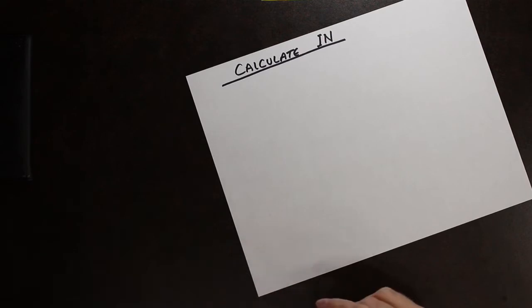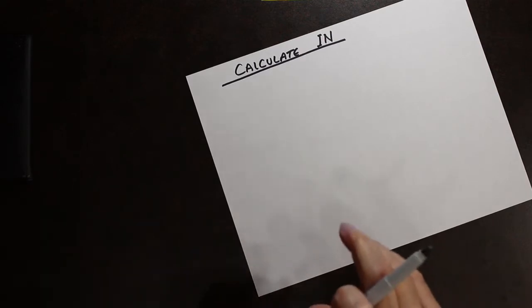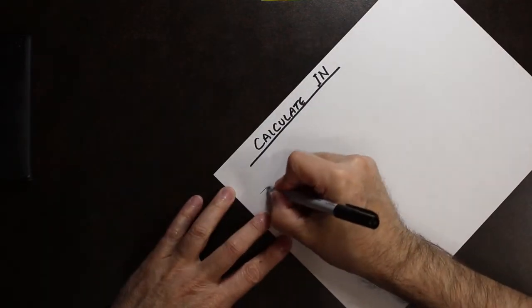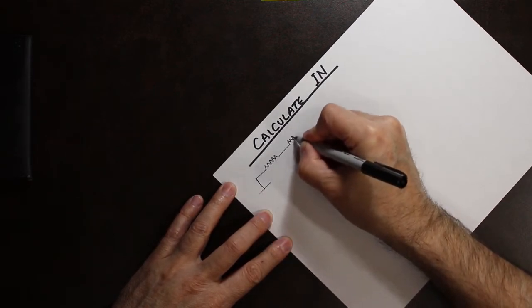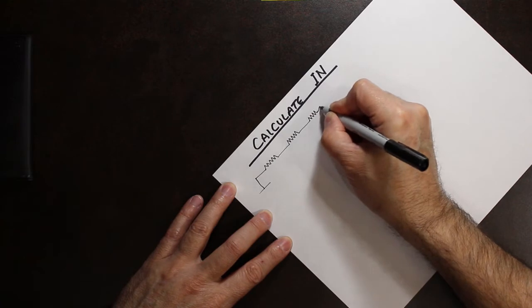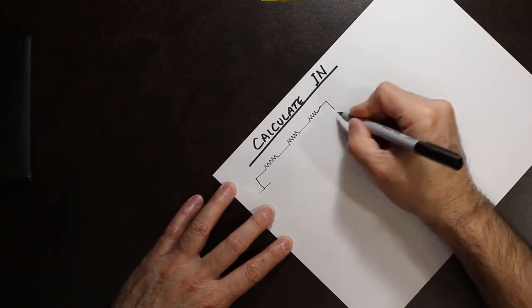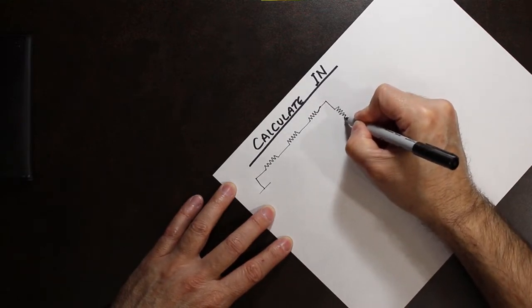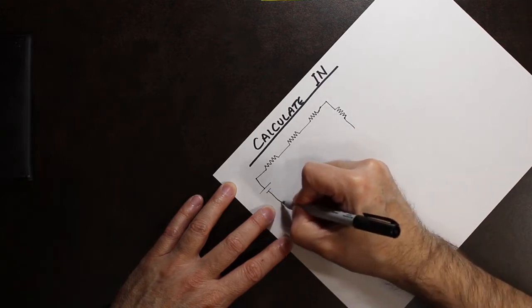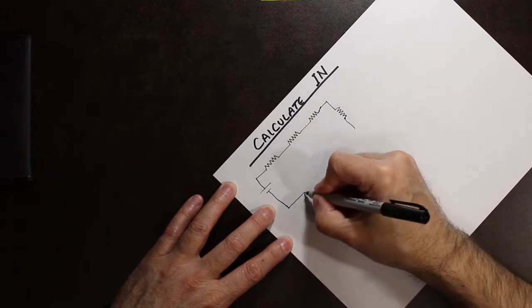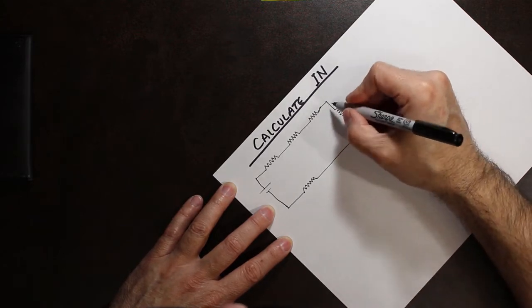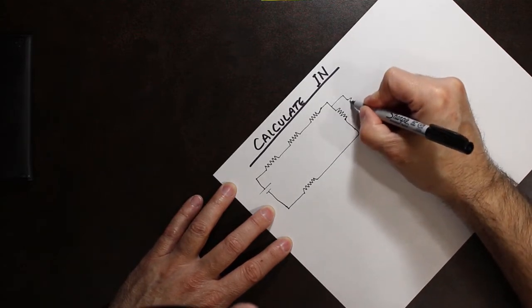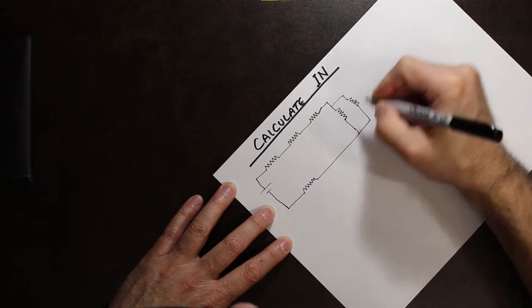So again, what you want to do is recreate the original circuit. So here's the original circuit. And again, you do this so that you can actually draw and do whatever you need on the copy, so you always have the original to go back to at the end.